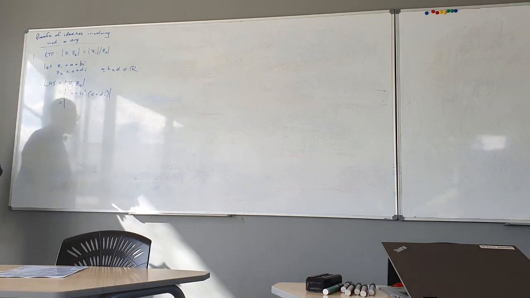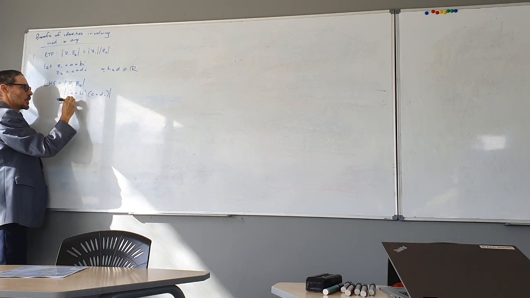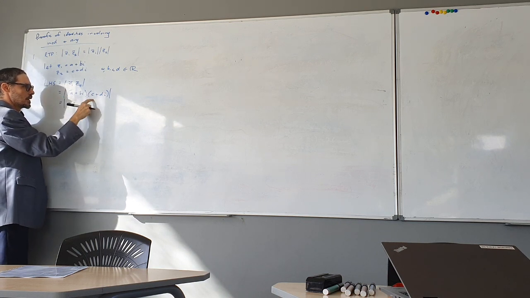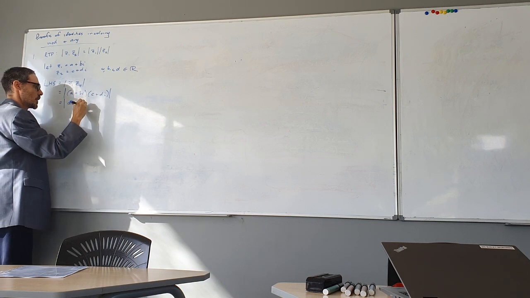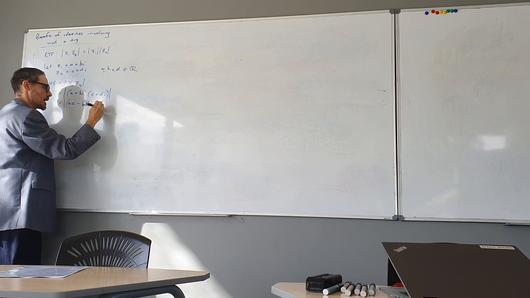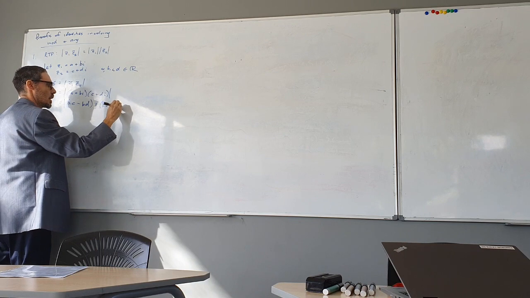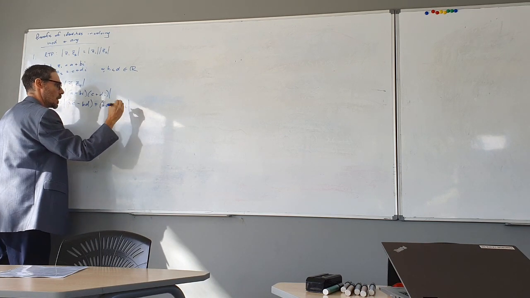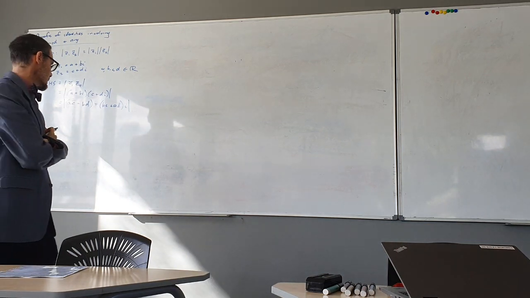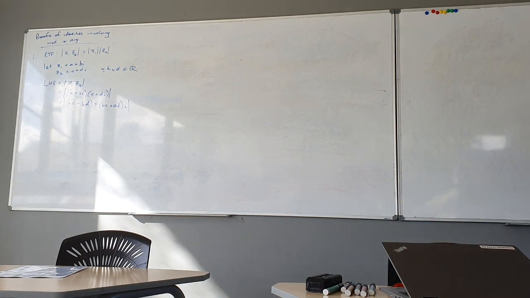Expand the brackets, and put all your real terms together and all your imaginary terms together. Collect your real terms and your imaginary terms. Why? Because then I can find the modulus.